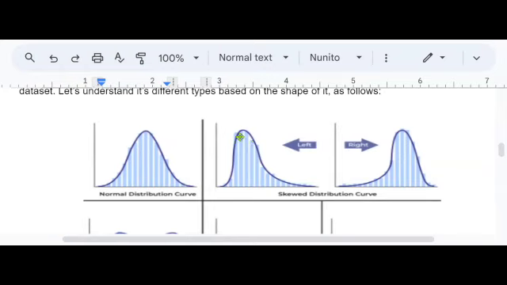Skewed. What does skewed mean? It's not symmetric. It can be positively skewed, right tail. Which one is the right tail? The tail is here, so it's called right tail. And this one, what is the tail? On the left. So that's called skewed to the left, because most of the data are on the right side.